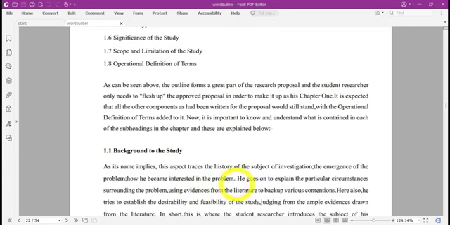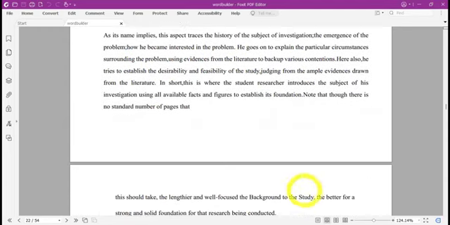So he goes on to explain the particular circumstances surrounding the problem, using evidence from the literature to back up various contentions. You see why you need a very sound literature review. Here also, he tries to establish the desirability and feasibility of the study, judging from the ample evidence drawn from the literature. The literature review has to be very, very solid.